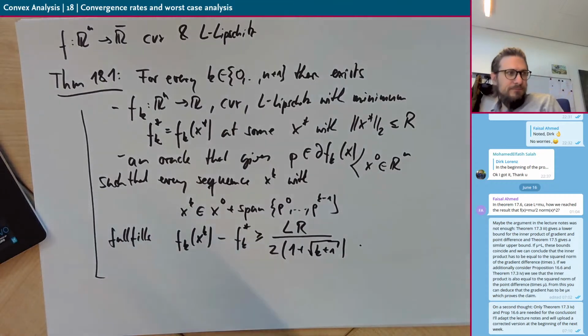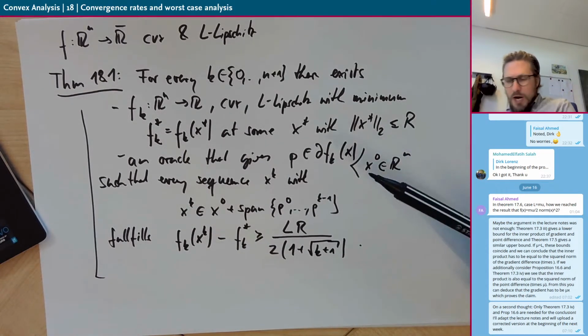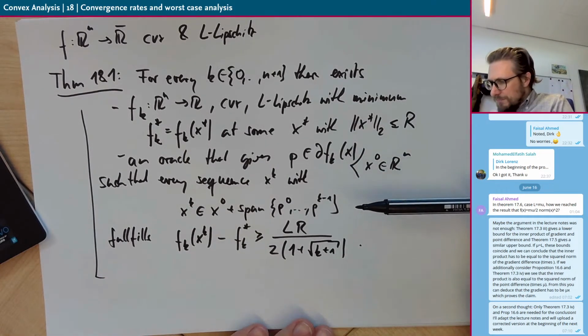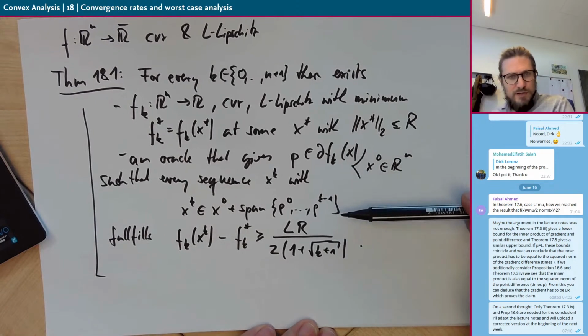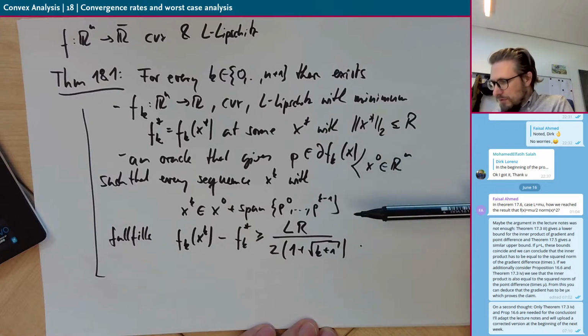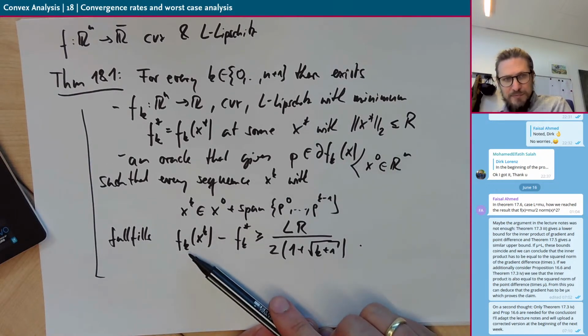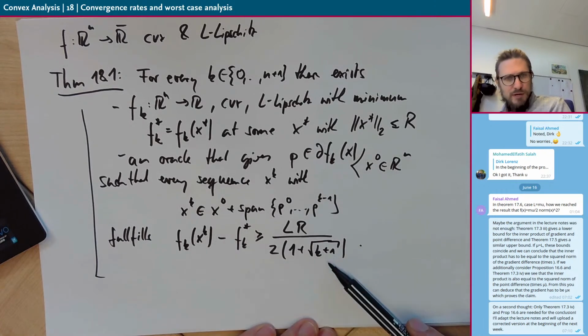So however we cook up some method which moves in the directions of the subgradients given by our oracle, there's always a function such that after k steps we will not be better than this bound.